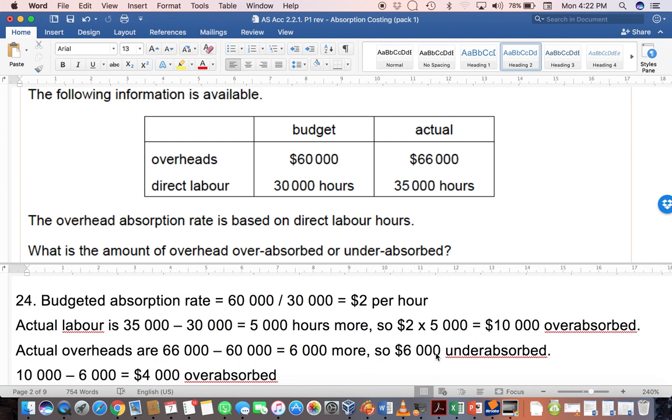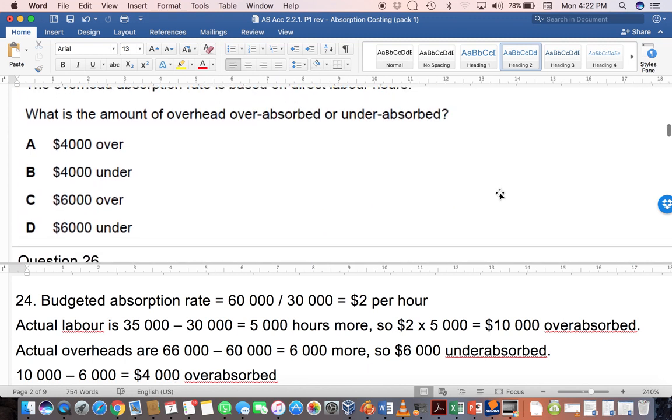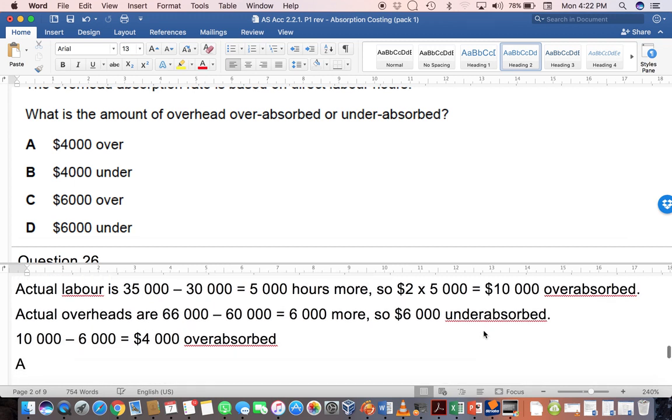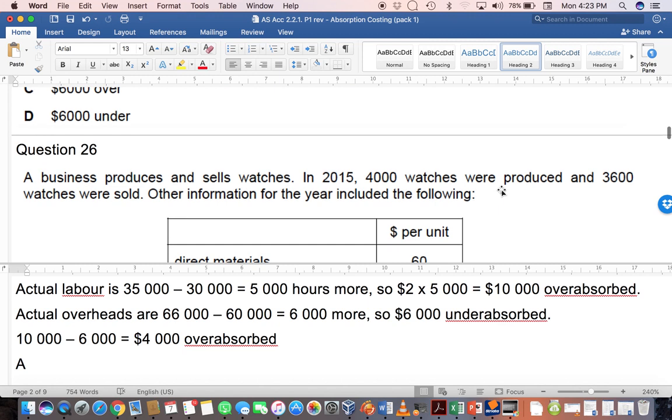In this case now, we have got an amount of over-absorption and an amount of under-absorption. So they sort of set each other off. You need to find the net effect, which in this case is $4,000 over-absorbed. In other words, you are going to select A as your answer.